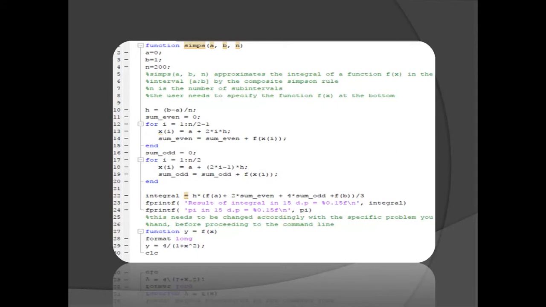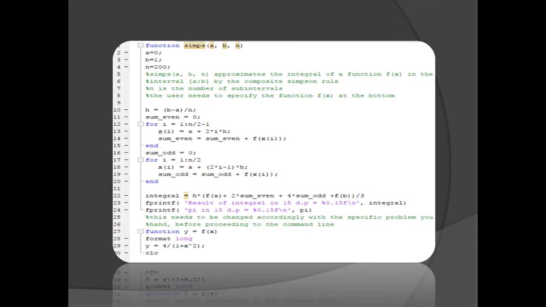But in MATLAB, we use a loop, and in the loop, we need to enter the values of a, b, and n. After we enter the values, the coding will run in the loop. After it runs the loop, it will go to the final step, which is to display the answer by the given equation.